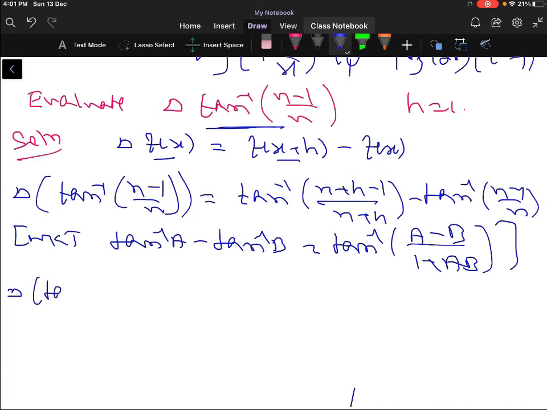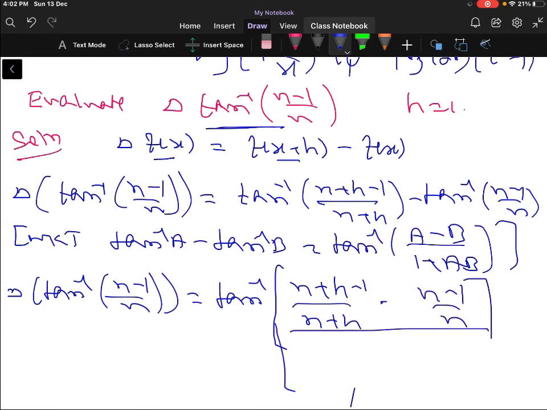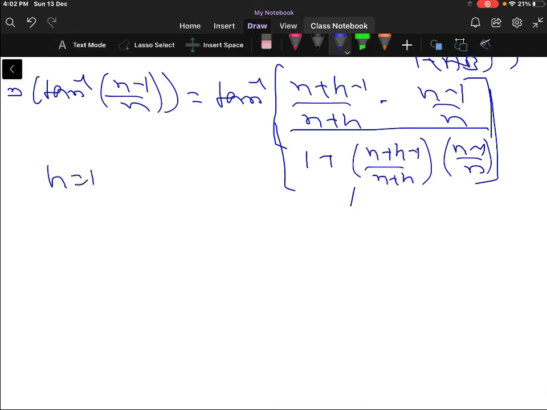So therefore delta of tan inverse of n minus 1 by n can be written as tan inverse of n plus h minus 1 by n plus h minus b, n minus 1 by n, divided by 1 plus n plus h minus 1 by n plus h into b, here n minus 1 by n. But here h is 1.